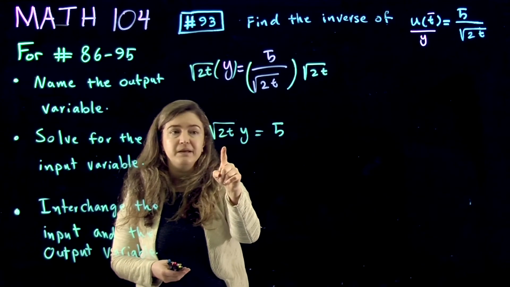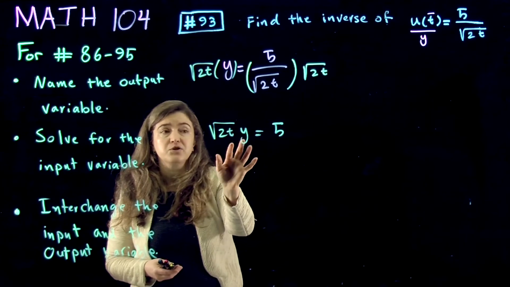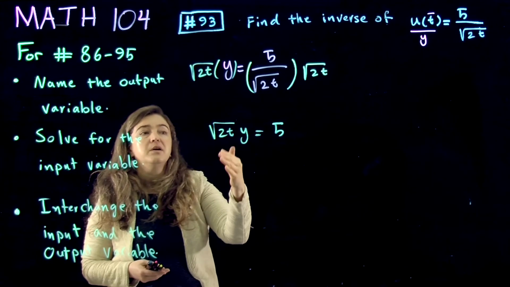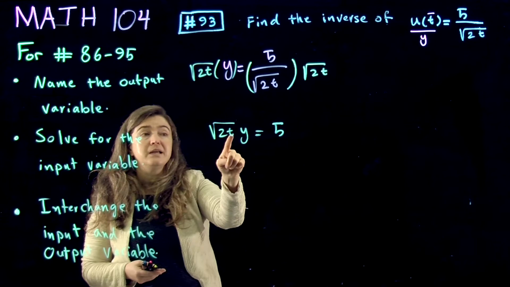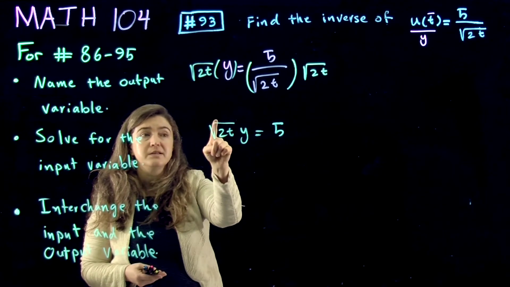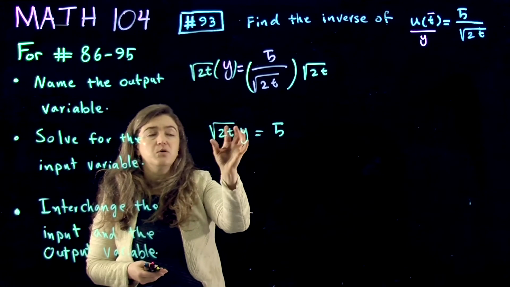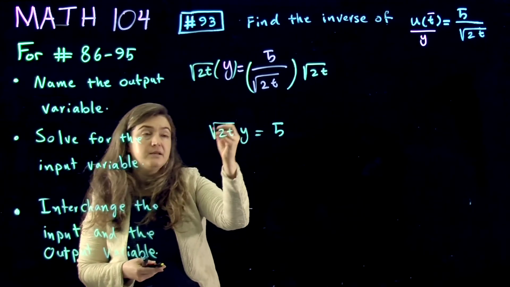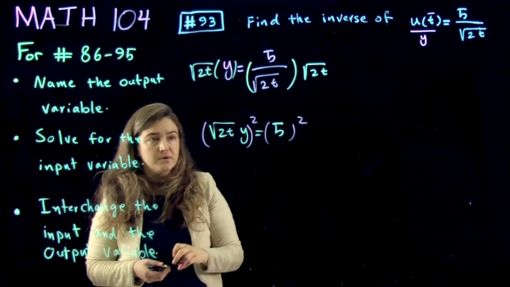Now, at this point, I want to make sure that t is isolated by itself. Therefore, to be able to do that, and I'm solving for t, I know that I want to get rid of this square root. I can either divide by y or just square both sides at this point also. Either way would work. So I'm going to power 2.